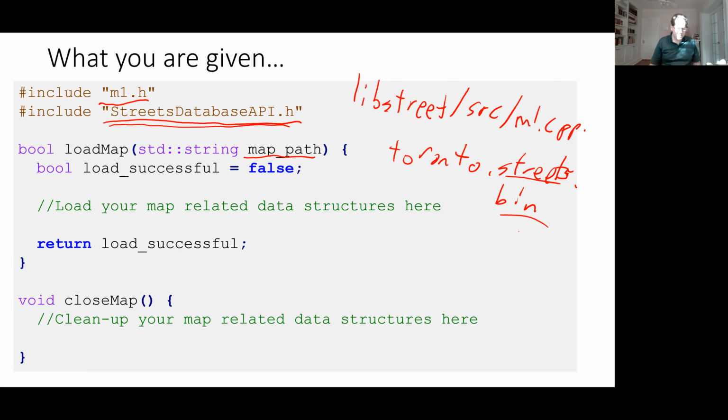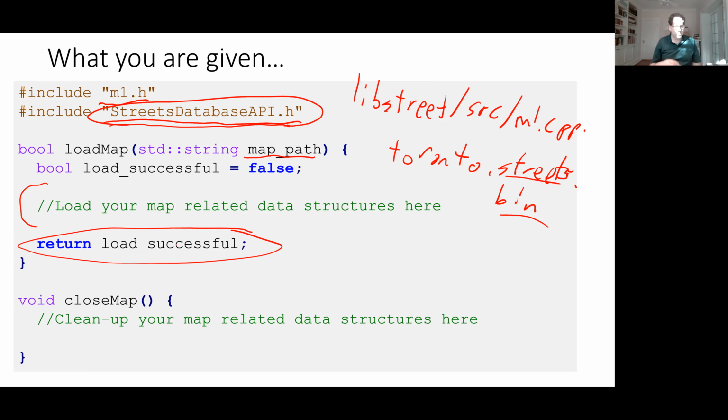So if that was the name, you should basically call our functions to load the Streets Database API, as described in the milestone 1 handout, and you might want to load some of your own data structures because maybe you want to store some things that'll make later calls faster. As long as everything went well, you'll return true. If anything went wrong and you weren't able to successfully load the map, then you would return false, saying you failed.